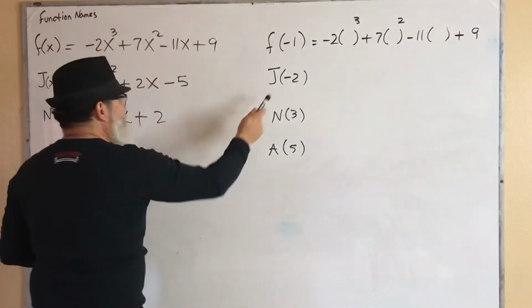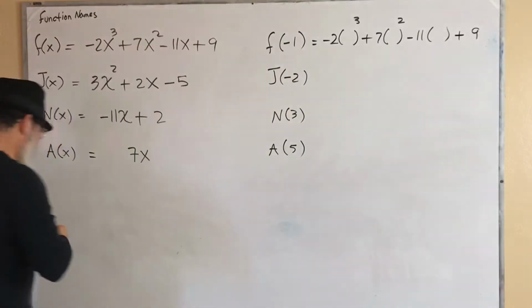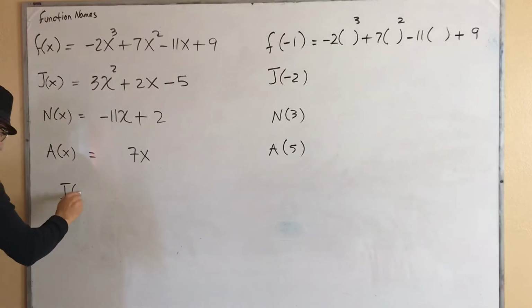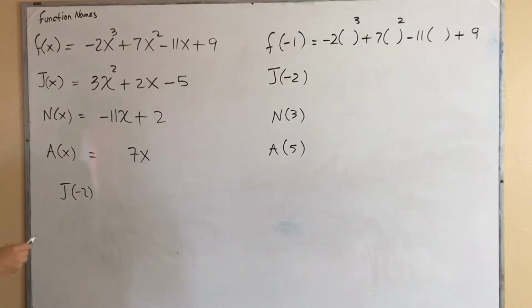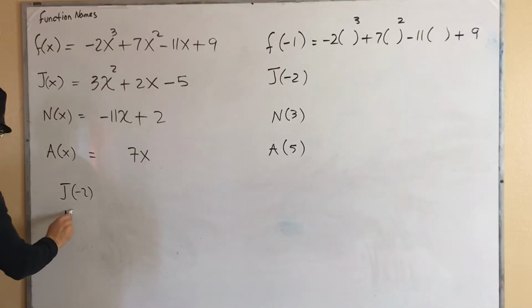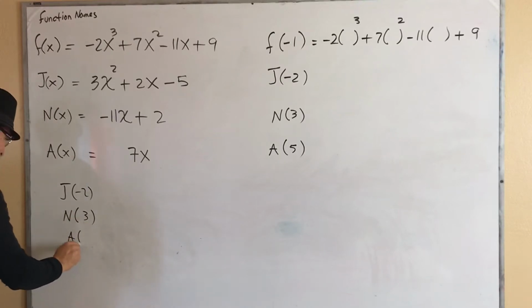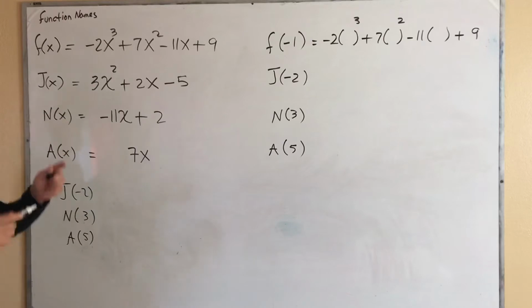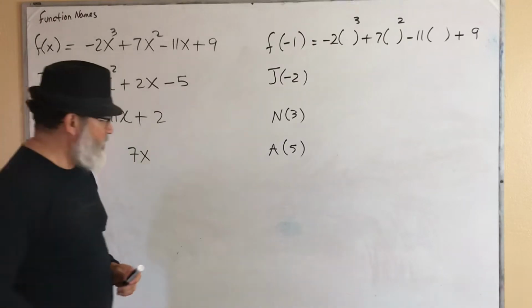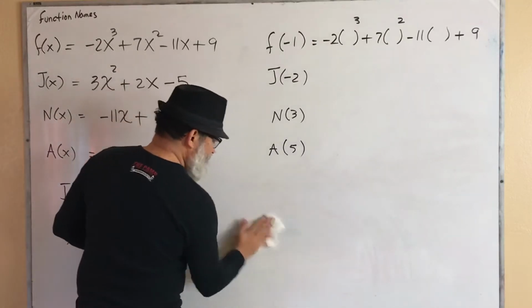Okay. Let me rewrite Jack of -2 there, Norma of 3 there, and Anna of 5, because I need the rule, okay? So I'll erase this.